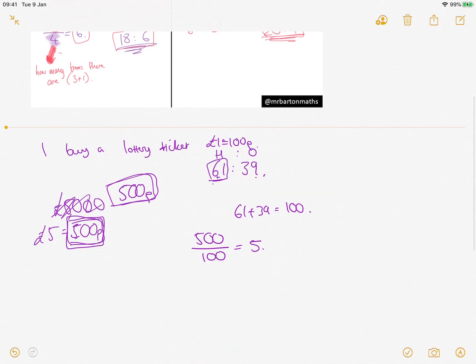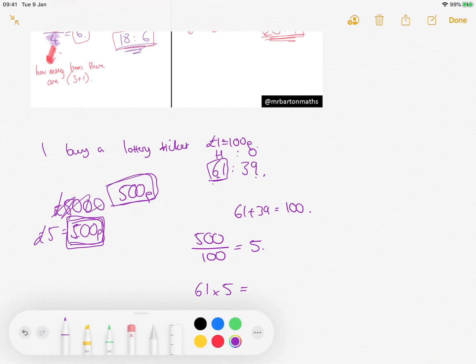Now, if I did have my boxes drawn out, I would have 61 boxes worth 5. So if I had 61 boxes worth 5, that means I've got 61 lots of 5. And then the other person would have 39 boxes times 5. So I'll just go over those few steps again.